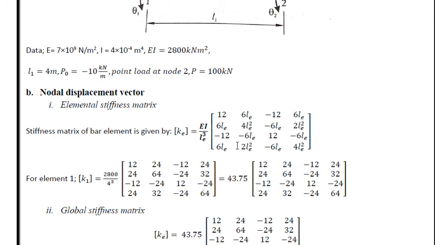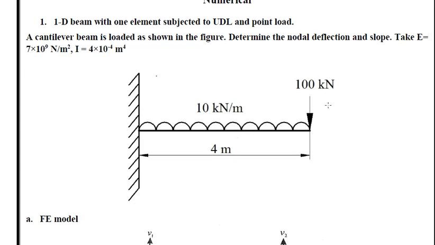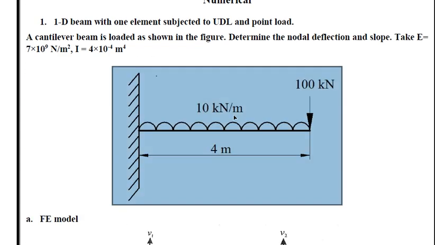Now we have to calculate 6Le, 4Le square, 2Le square. We have to substitute I into E and the L value. The important thing that we have to note here is, for all the beam problems, if you can observe, the UDL is given in kilonewton per meter, length is given in meter.